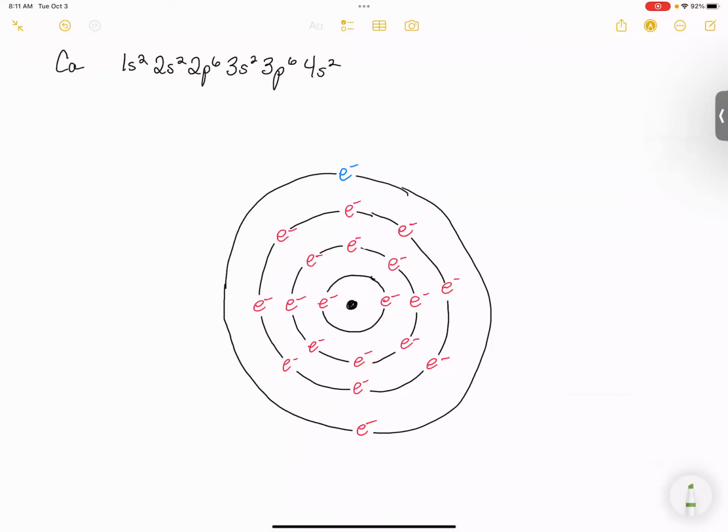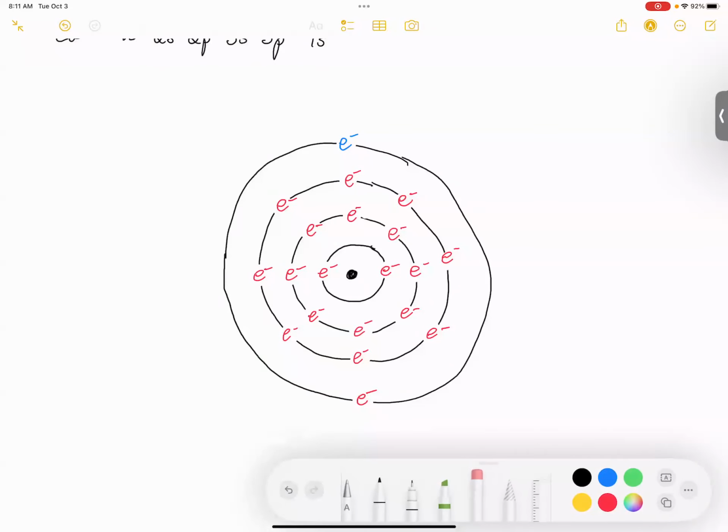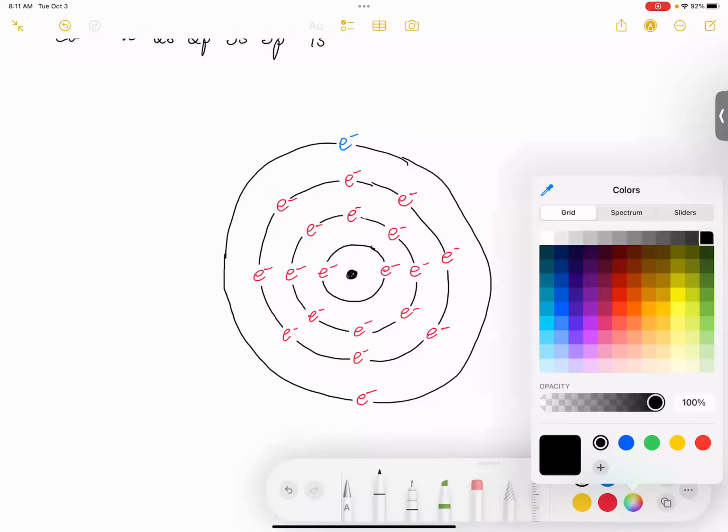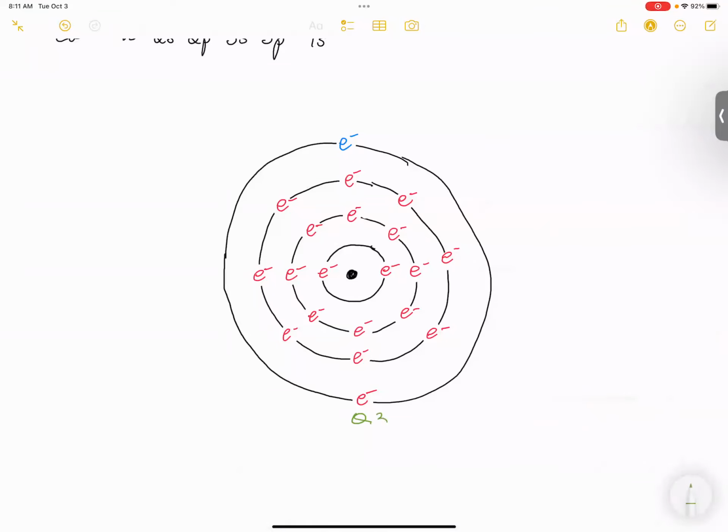Now, because calcium has an electron in the same shell as the electron we want to know, that electron contributes 0.35. Now, every electron within that, one shell in will contribute 0.85.